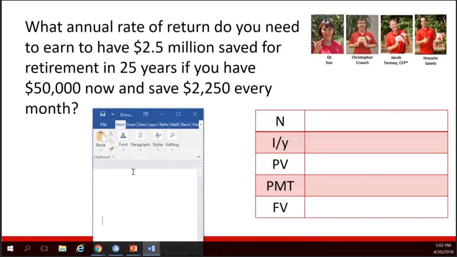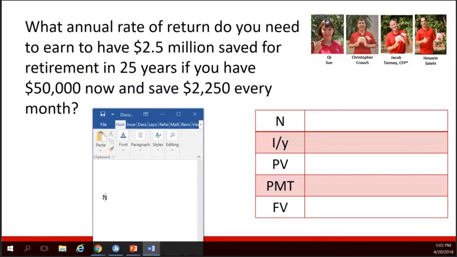All right. While I'm doing this, just think about this question. The question is asking: what annual rate of return do you need to earn to have 2.5 million saved for retirement in 25 years if you have $50,000 now and save $2,250 every month?